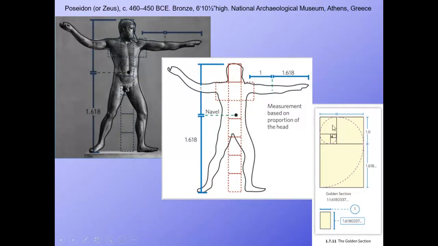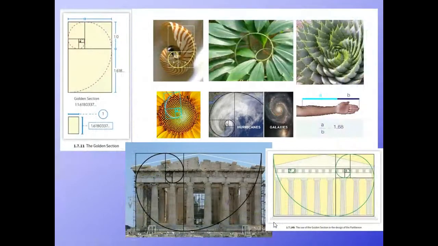And you keep doing that, cutting a square out, leaving a rectangle, cutting a square out. And if you connect those opposite corners of those square units, you create this perfect spiral found throughout nature.